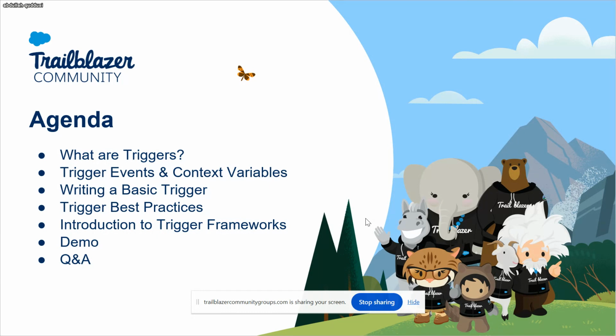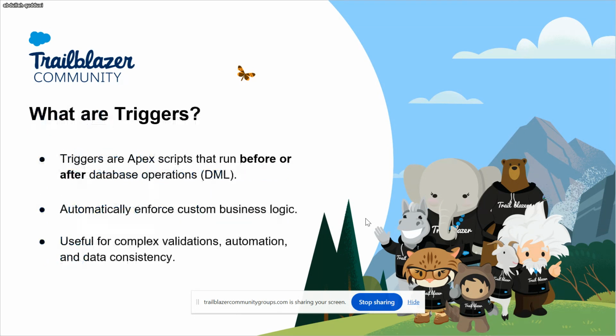So, let's start. What are triggers? Triggers are basically operations that are executed whenever we create or update a record in any standard object or custom object in Salesforce. Let's say if we talk about the contact object, when we create a record from the UI.